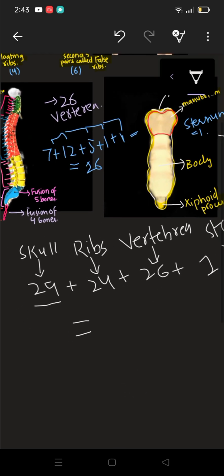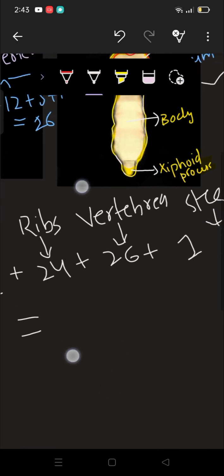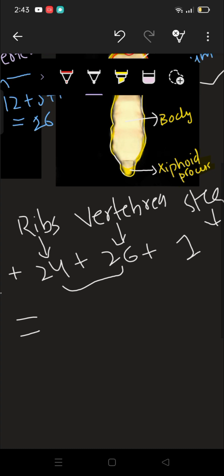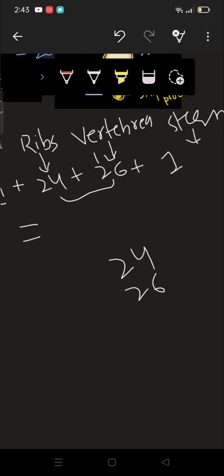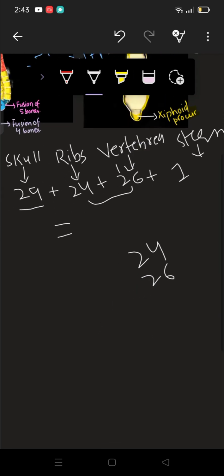So if I count this 24 and 26, what number does it give me? 6 plus 4 is 10, 0 and 1 up, 2 plus 2 is 4, 4 plus 1 is 5. So counting this 24 and 26 has given me 50.